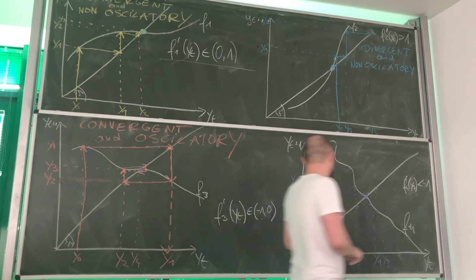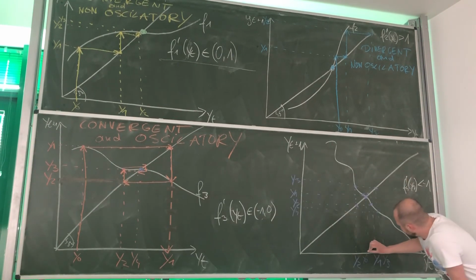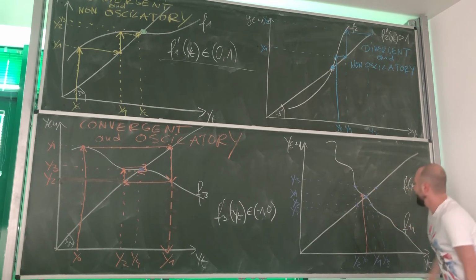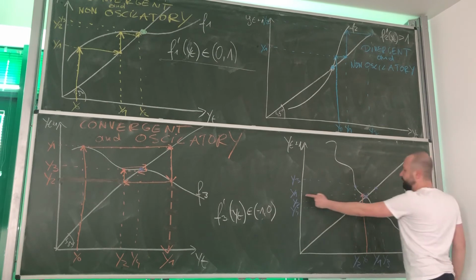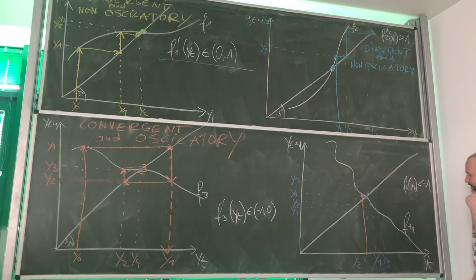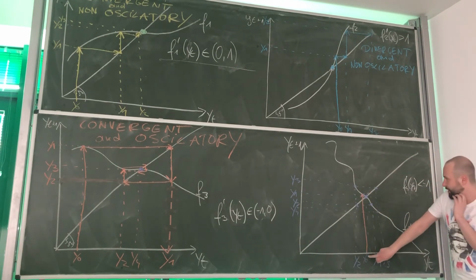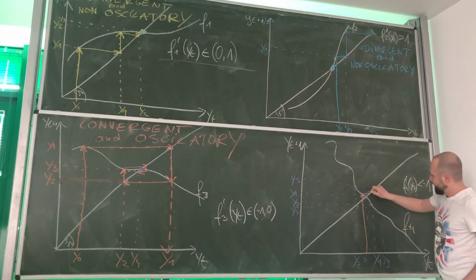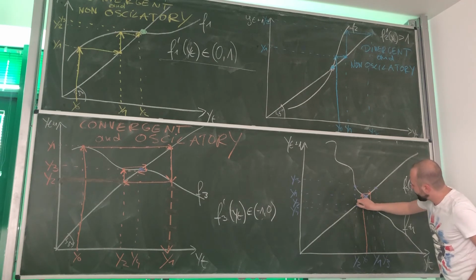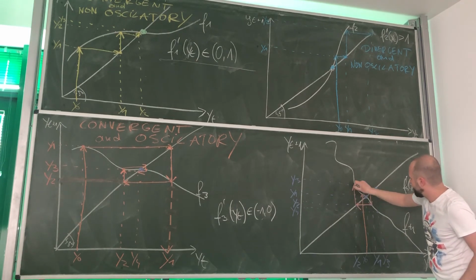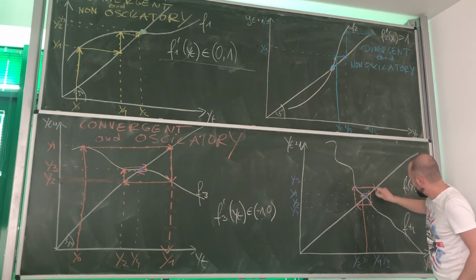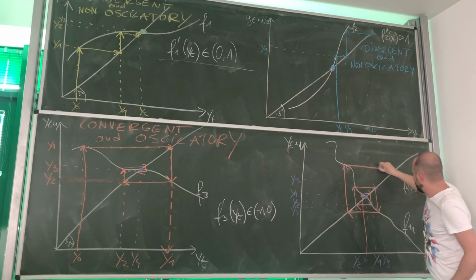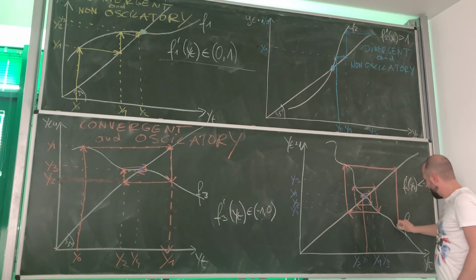Let me just use a different color to denote this. Look what is happening here. We start very close, right? And now we move to y1. We are below the equilibrium. Now we are above. And as you can see, we're actually moving further and further away from the equilibrium.